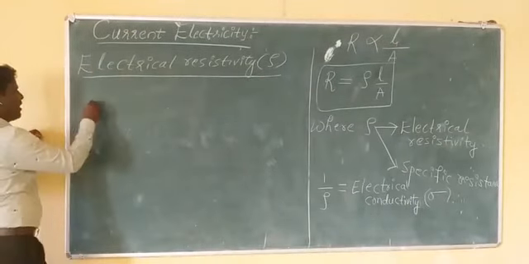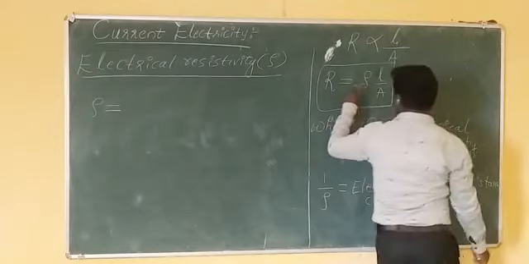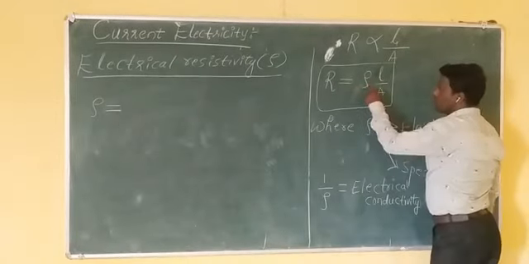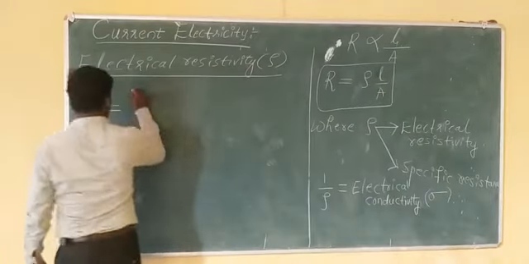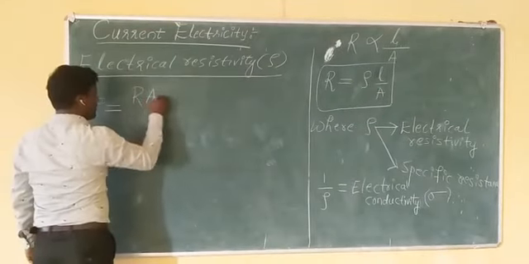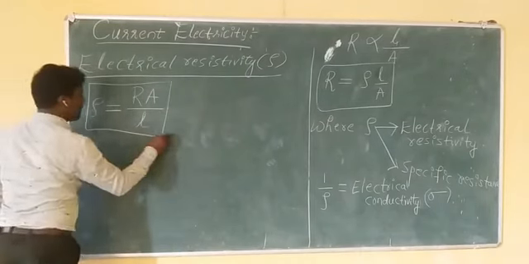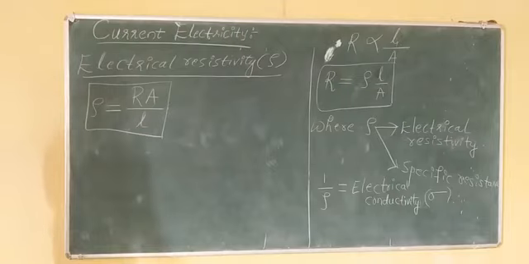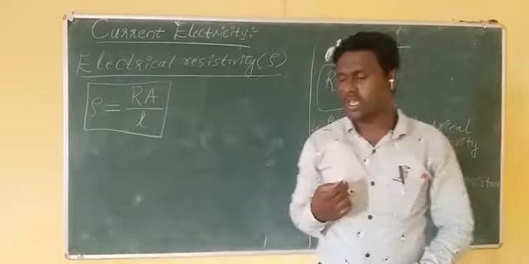See here, the formula: R equals rho L by A, so rho equals RA by L. Rho equals resistance into area, by length. What is the formula for resistivity? RA by L.